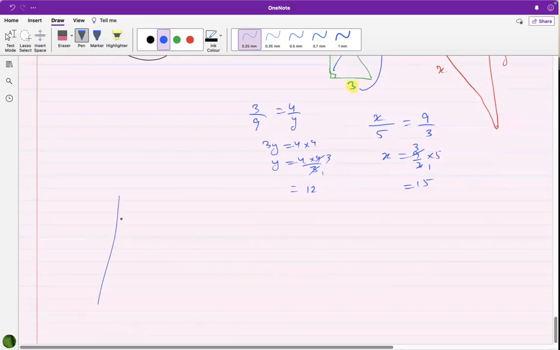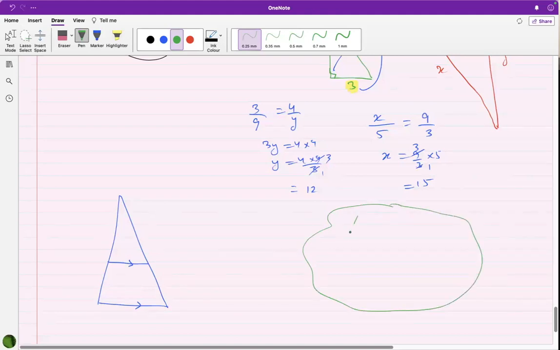If I draw this and I say these are parallel, so you would know that there are two triangles. Now, what are we thinking is inside this balloon? We are thinking about these two triangles. To make it easy for us to talk, I'm labeling it A, B, C, D, E. And smaller one is ABC.